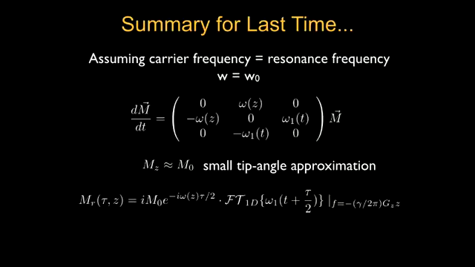The shape of the profile will be governed by the gradient, so for a given gradient field, the slice profile will be a function of spatial position. After the pulse duration tau, everything depends on location, and the behavior of the magnetization over different locations is expressed by this Fourier transform relationship.